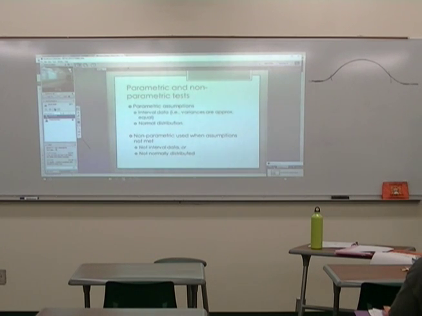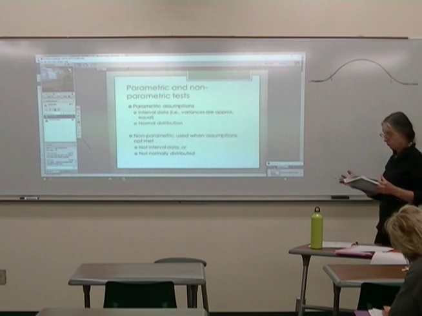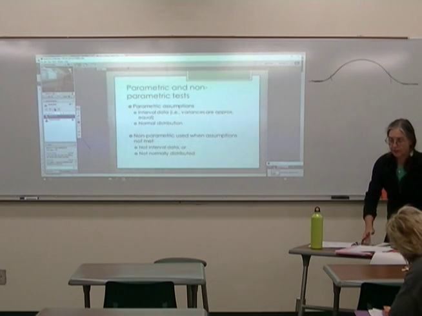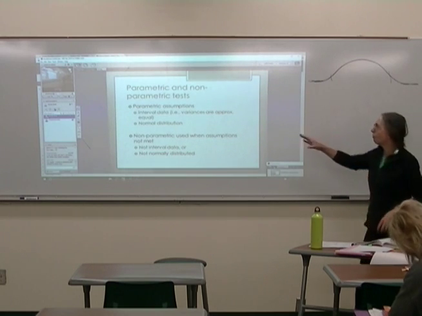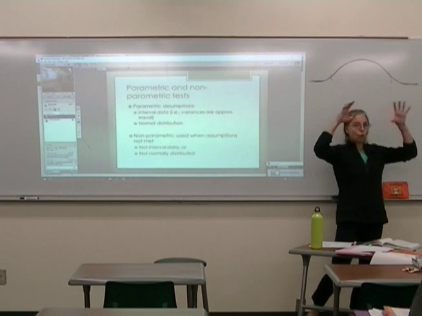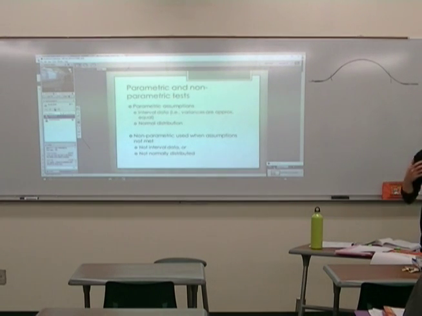So these are all terms you may see instead of a t-test or a repeated measures ANOVA. All right. They're not wrong, they just allow for the fact that the data wasn't normal. All right.